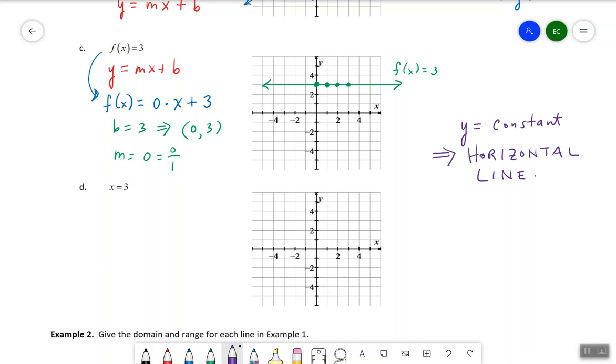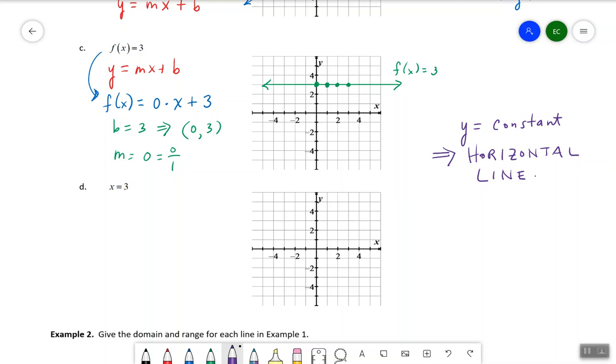So now, let's go on to the next one. This time we have x equals 3. This one is a little bit tricky. This one we can't solve for y, right? We can't put it in the form y equals mx plus b. So what are we going to do? Well, we're going to compare x equals 3 with the line that we just graphed, y equals 3.